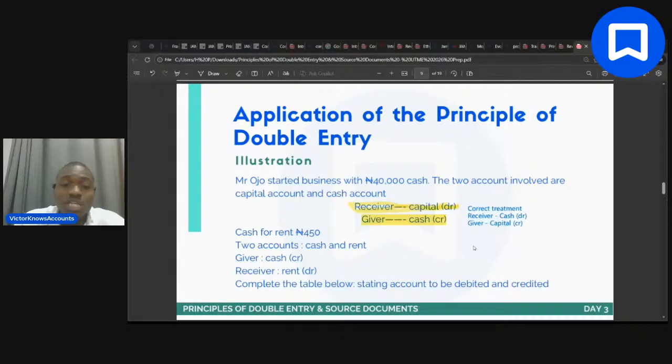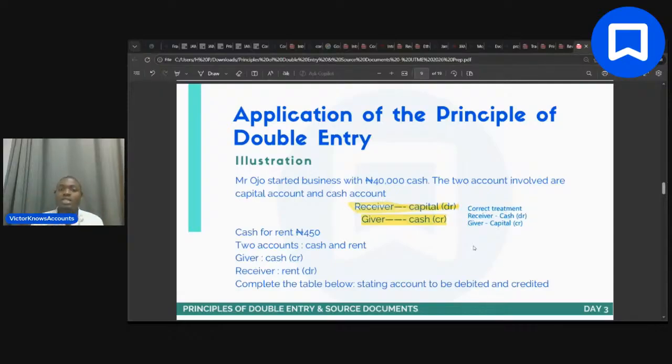Now, what it means is that there are two people. Don't forget, I said you have to first identify the two parties to the transaction. In this case, we have Mr. Ojo, who is the owner of the business, and then we have the business itself, the business entity concept. You are seeing them as two.